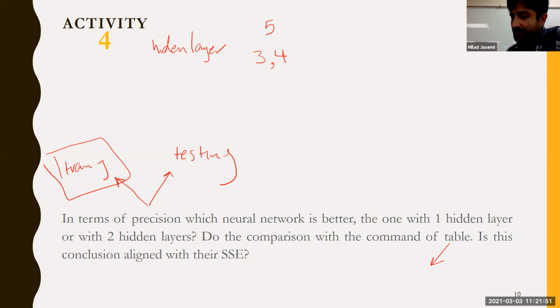Because you have some SSE outputs for your neural networks, and since SSE is talking about the errors in training, one of them has better SSE than the other one. Here it asks you, is the precision you got aligned with the numbers that you see here?